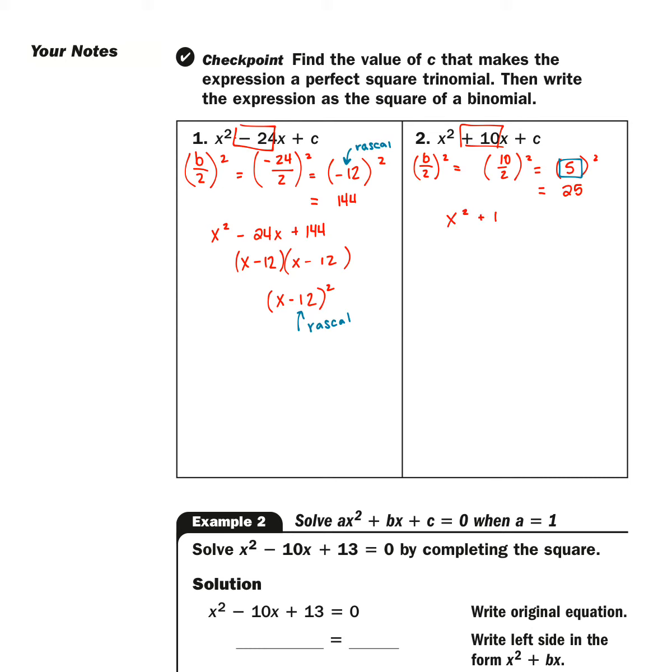Now when we take our expression, we're going to factor it down. What two numbers multiply to be 25 and add to be 10? That's 5 and 5. Clean it up, x plus 5 squared. Uh-oh, there it is again. Matches up perfectly.